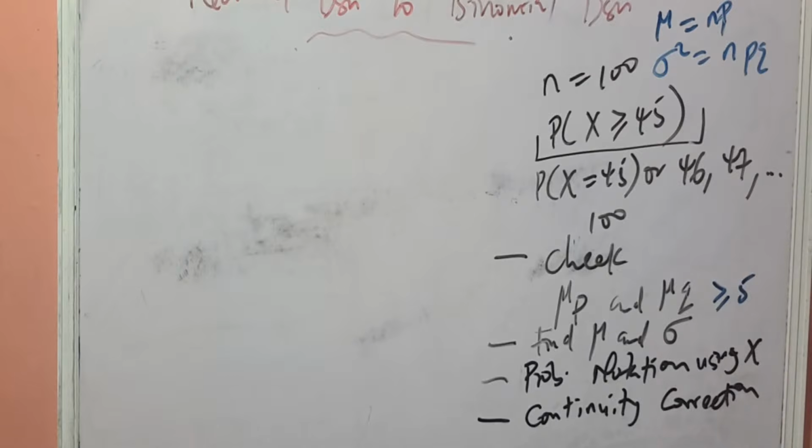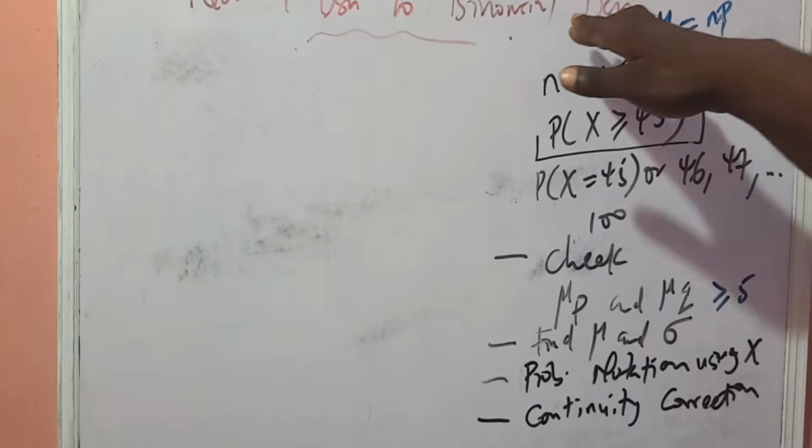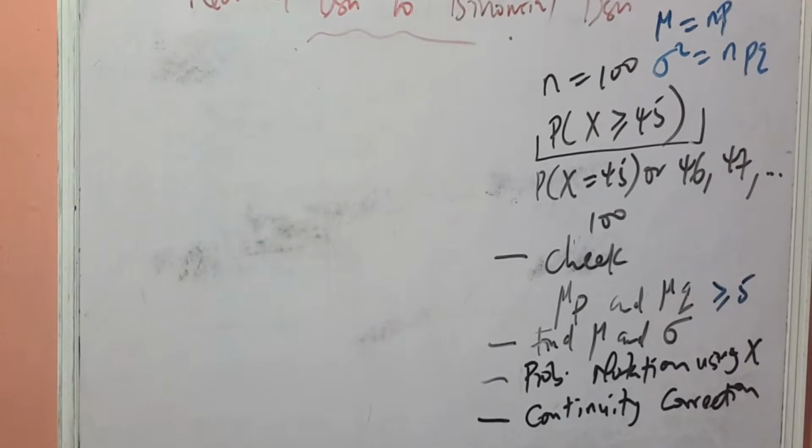So just a quick recap, you want to understand how to solve binomial distribution using normal distribution. It's a very important aspect of probability distribution, where you're given a binomial question, and in some cases, it's not even feasible using the binomial. When I say not feasible, I don't mean it's not solvable using binomial.